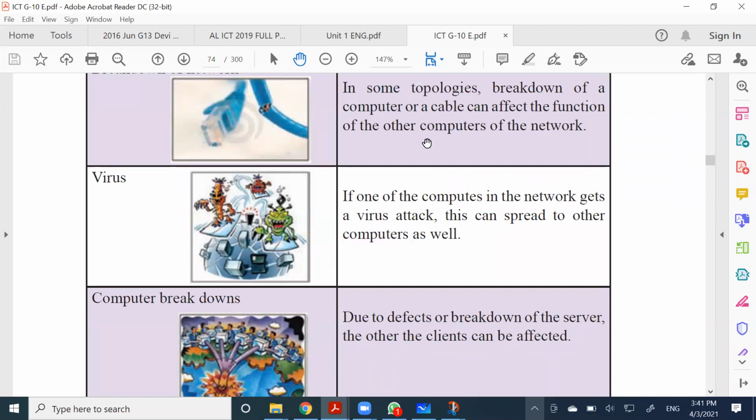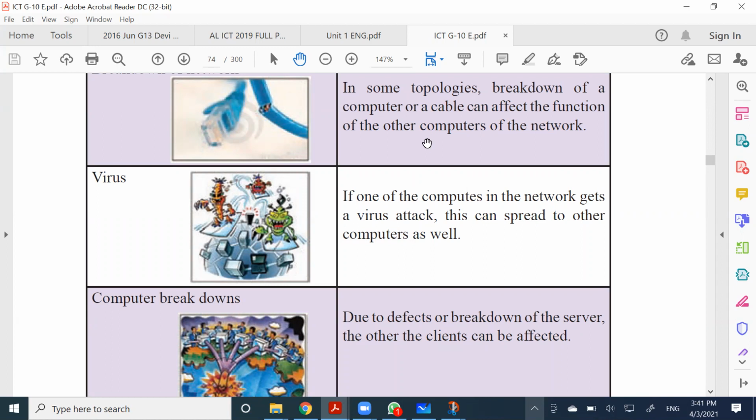Because it is like an open road. If the virus puts his bike on the road, he can travel through any road and get into any house, kind of a thing. So it's a little bit scary when a network is attacked by a virus, right? Unlike standalone computers, everything is going to get affected.